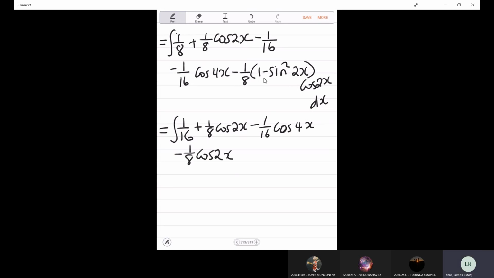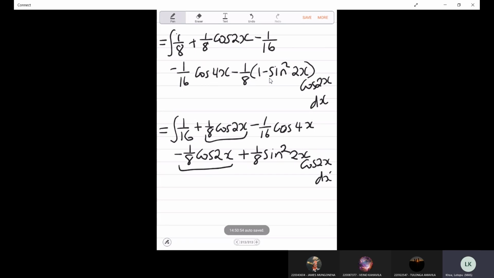And then I have negative, negative. That will give me positive. So I have positive 1 over 8 sine squared of 2x cos of 2x dx. Okay, and then we can see that this term here and that one there will cancel out.